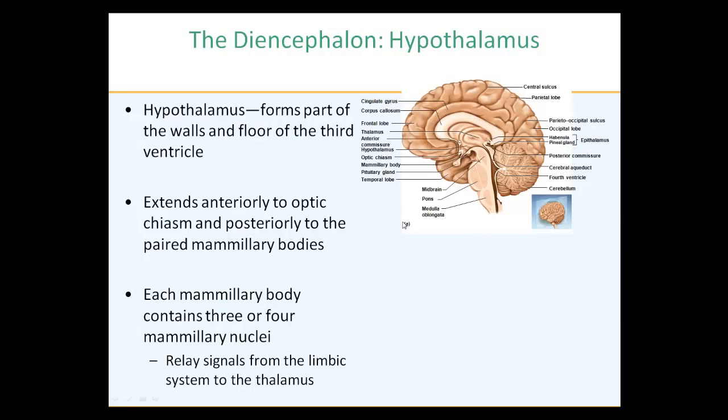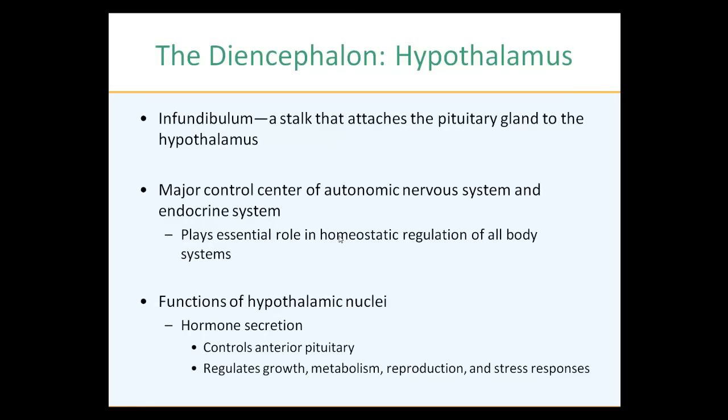So that gets us now to that very interesting part of our brain, the diencephalon, which would be the hypothalamus. Like I said, this is the hypothalamus over here. It's no bigger than a small almond, but as you will see in the next few slides, it really controls almost everything.